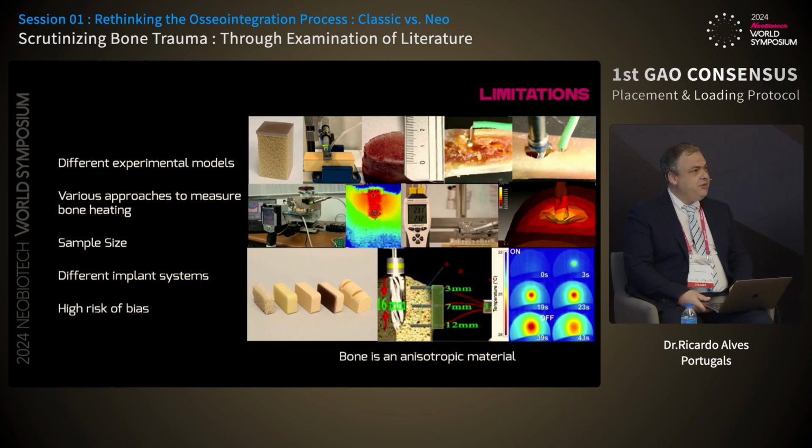There are also different approaches to measure temperature increase. Most of the studies use thermocouples. It's a sensor that is placed within the bone. You can see on the top that small sensor that we make a perforation, we place the thermocouple inside the bone to measure the temperature.